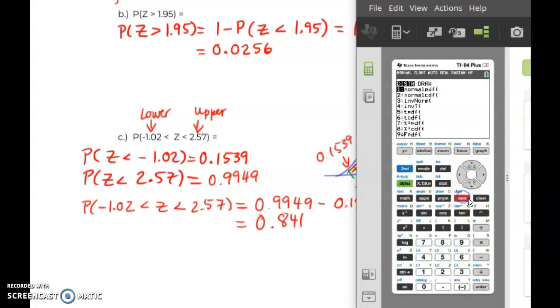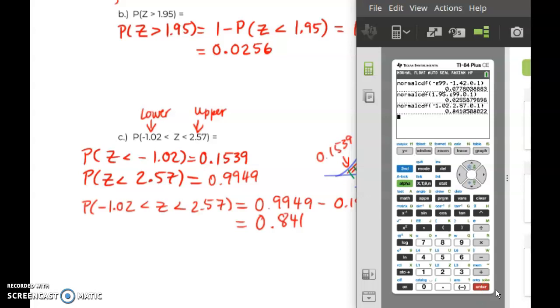So second vars, we're going to use the normal CDF, put in negative 1.02 as our lower value, 2.57 as our upper value. We're going to hit enter over here, and this is going to give us an area of 0.841. So just like we got it when we manually calculated it.